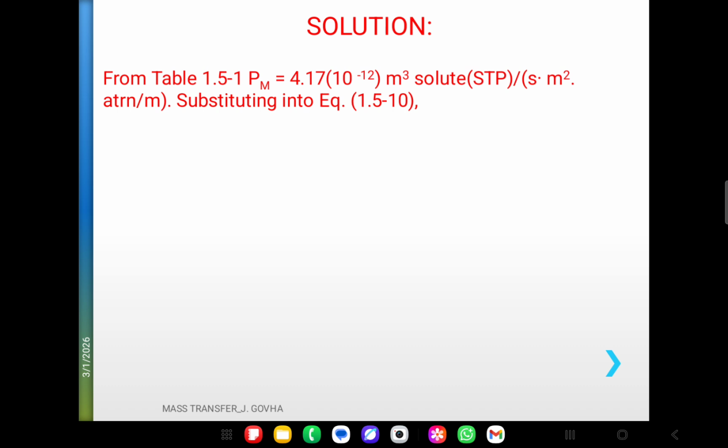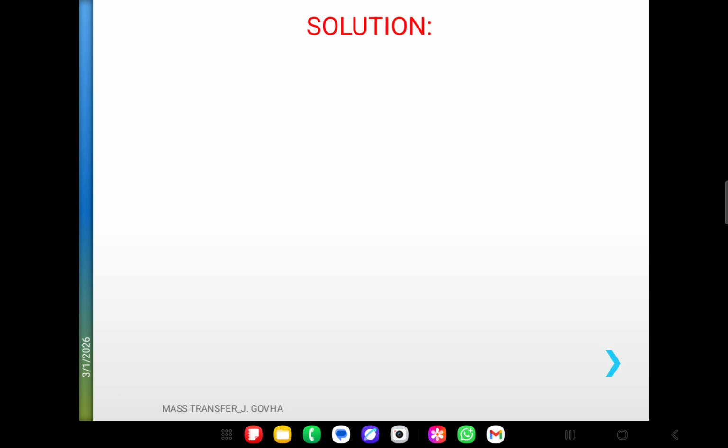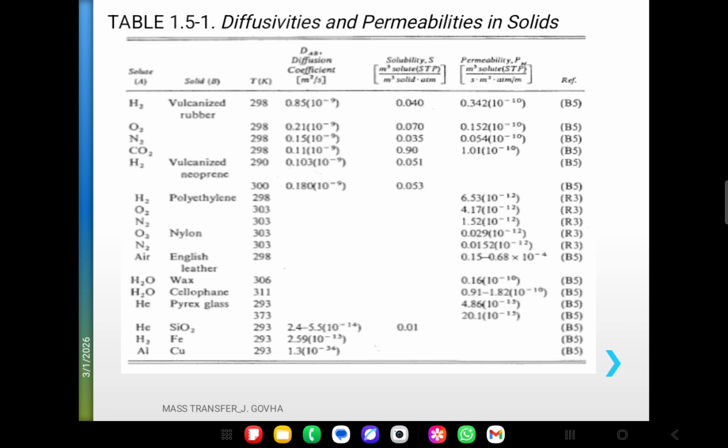Going to the solution, let's look at table 1.51, permeability there, solute STS. So let's just go back a bit and look for our value there.